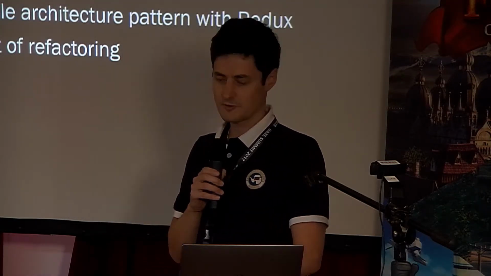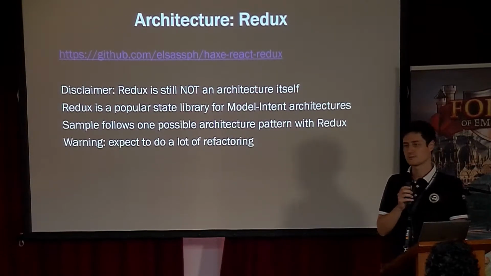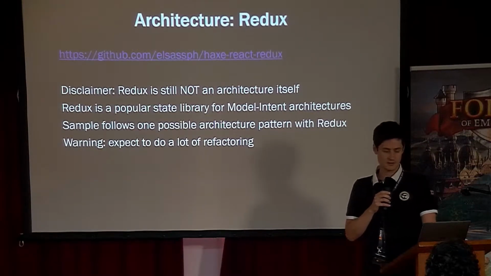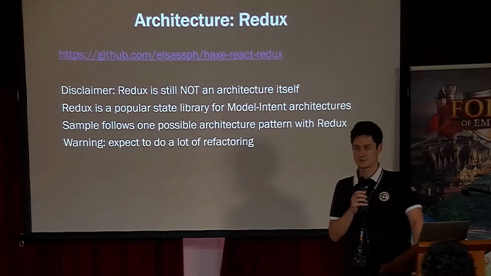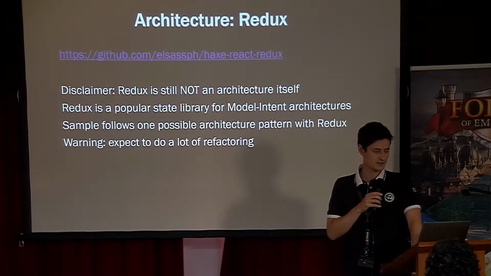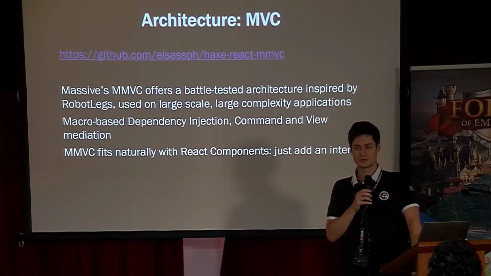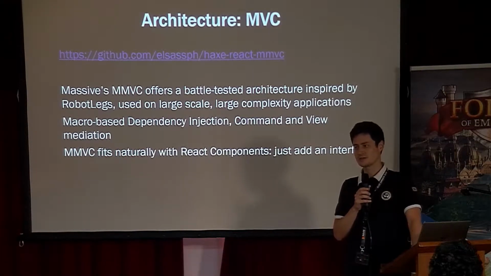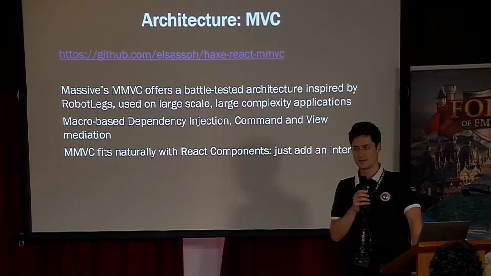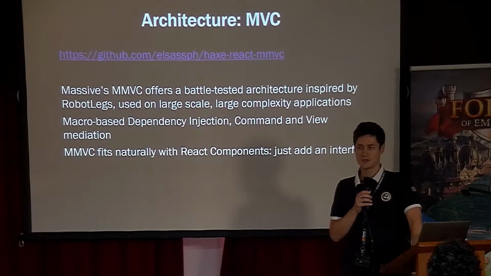So there's one example, which is the haxe-react Redux, which we're going to look at a bit later. Not in terms of architecture, because really that's something that architects should be looking into and take their time to understand how it fits. And there's the one with MMVC, where you create your context, your dependency injection, the view mediators, etc., and all can be wired with React.